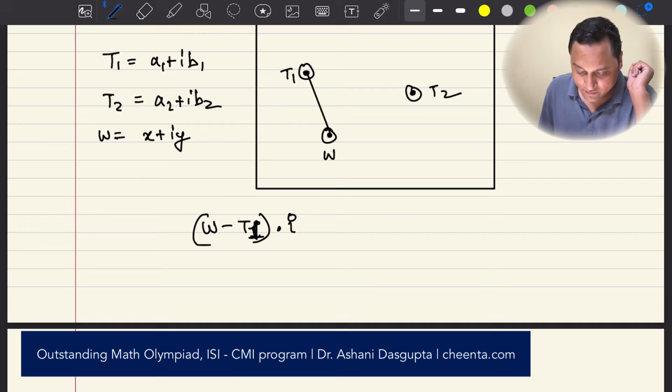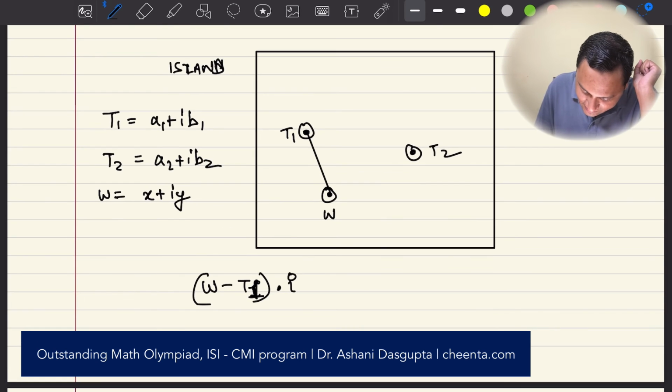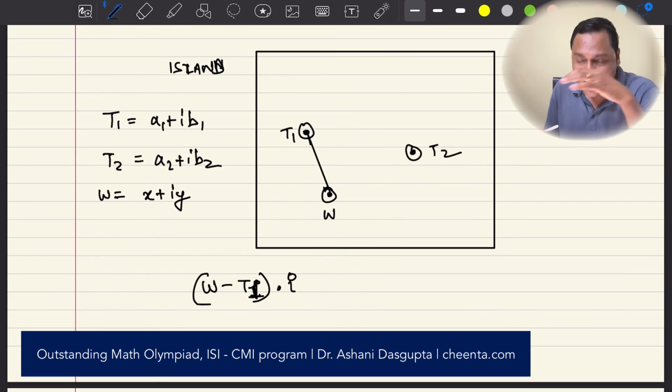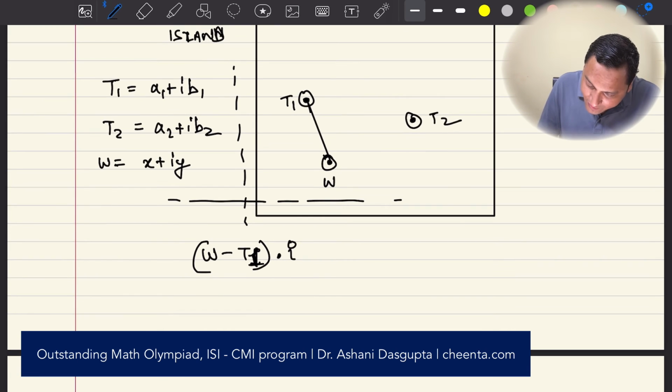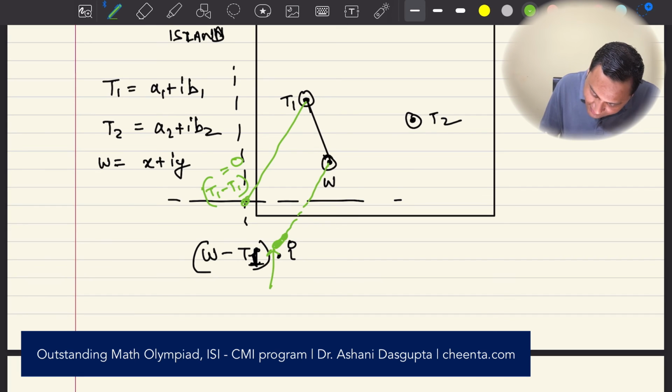That's what it is. You want to rotate WT1 about T1. So wherever the origin is, you subtract from T1. So this is T1 minus T1, which is 0. So you're basically bringing it to the origin, and similarly you subtract T1 from W. So this point is W minus T1.